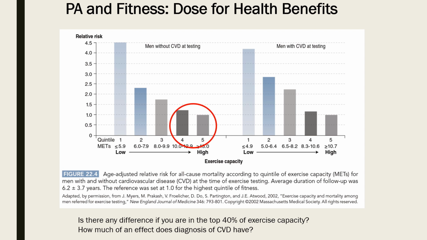Just like with PA, the most health benefits are gained by moving from the lowest to the next lowest fitness group. How does having cardiovascular disease affect this? Improving fitness from the lowest to the second lowest group yields fewer benefits if you have cardiovascular disease, but if you're in the top 40%, it doesn't matter if you have cardiovascular disease or not, the risk is similar.